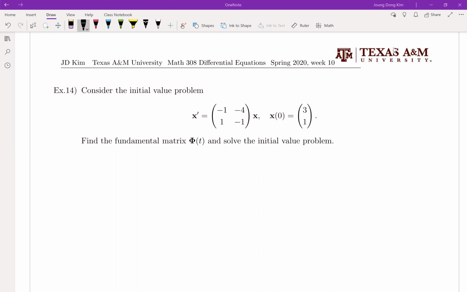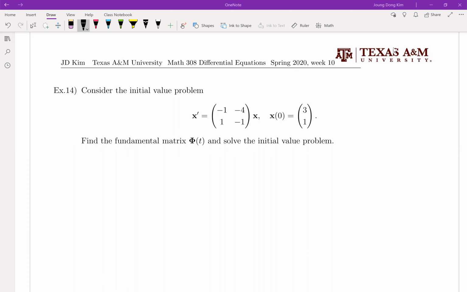It's really simple and it's exactly the same process as the previous study. So let's start from the fundamental set of solutions. We found the eigenvalue and eigenvector.